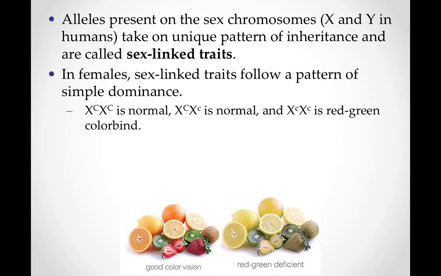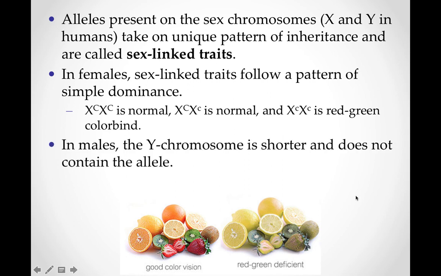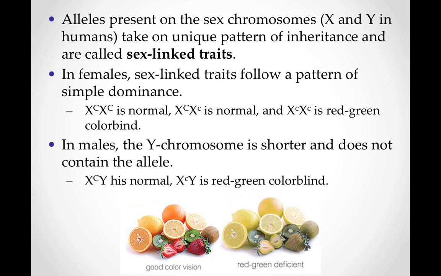X^C X^C is normal, X^C X^c is normal, X^c X^c is red-green colorblind. That means they got the colorblind gene that's X-linked from their mother. In males, the Y chromosome is shorter and does not contain an allele. X^C Y is normal, X^c Y is red-green colorblind.